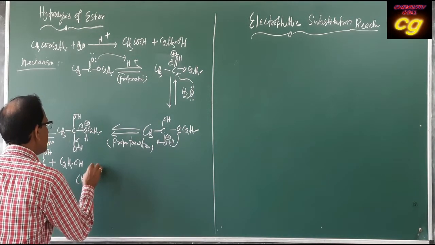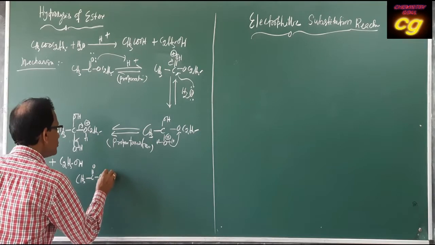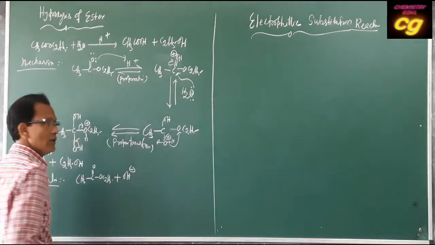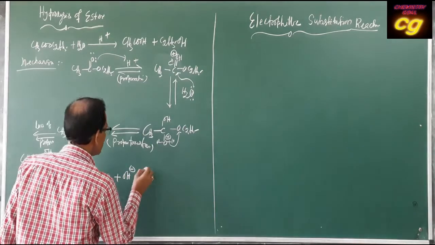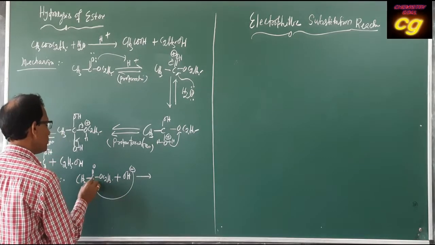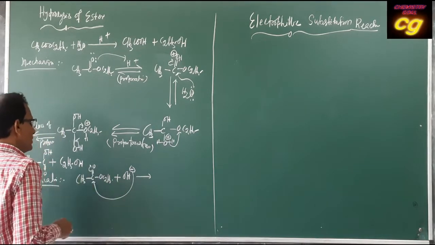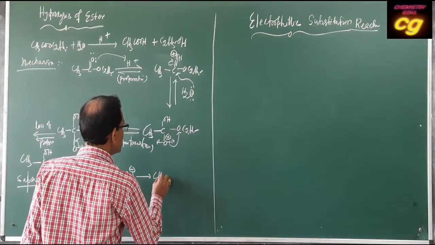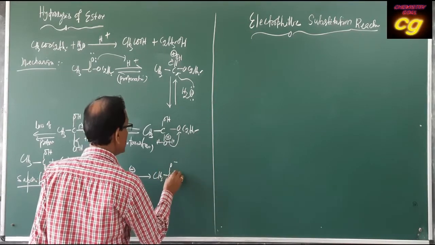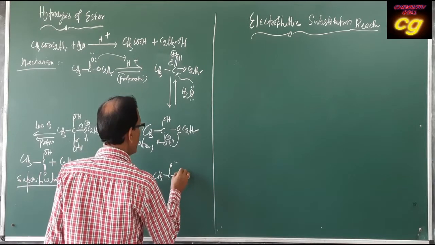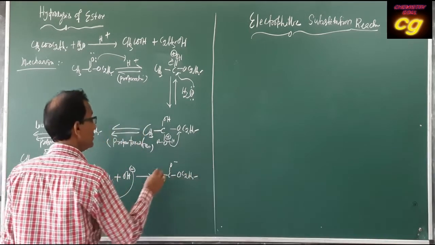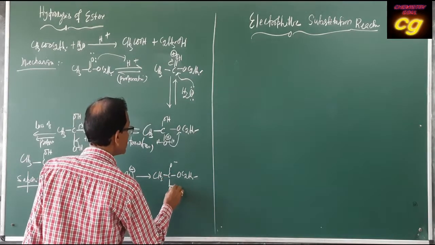Here C double bond O, OC2H5 is attacked by OH minus. This is called saponification reaction. Then what happens? Your base attacks this carbon. So it will be CH3, C, O minus, then OC2H5, then OH.